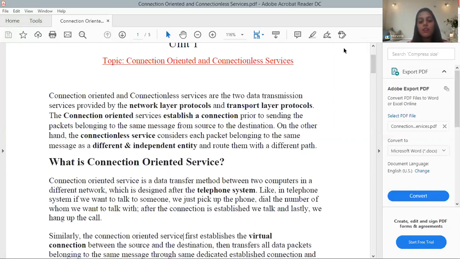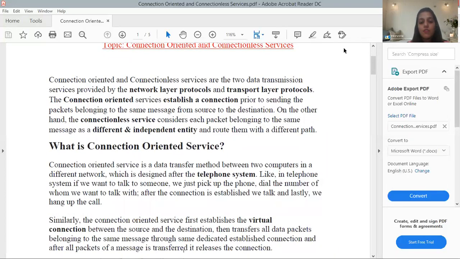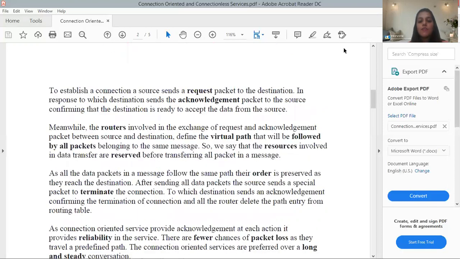Similarly, connection oriented services first establish a virtual connection between the source and the destination, then transfer all the data packets belonging to the same message. So we can say the resources involved in data transfer are reserved before transferring all the packets in the message.